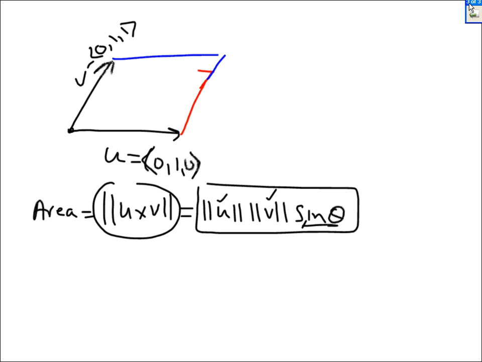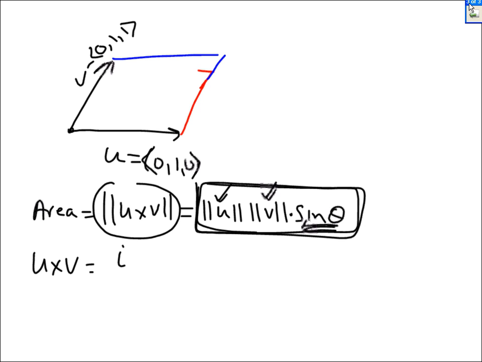If they tell you the length, they tell you the angle, I'd rather find the length of u and the length of v and multiply it by the sine of the angle that's given rather than doing a cross product. So we don't have our choice here. Not only do we have to find a cross product, but then we have to find the length of it. So if you're given the angle, it's easier to use the second one. That's why I bothered to write it down.